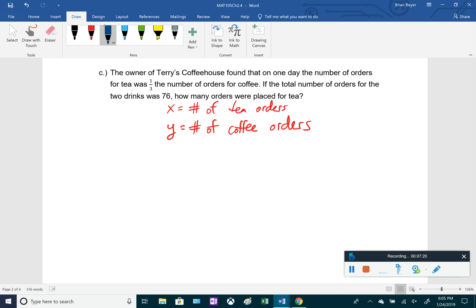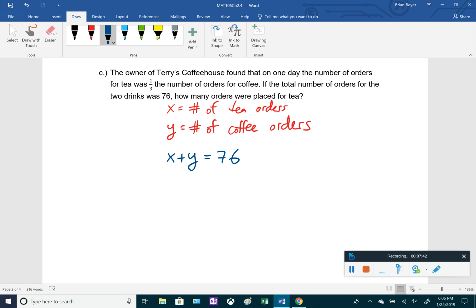So that means we know that x plus y equals 76 because it says the total number of orders was 76. So we also know that the number of orders for tea was 1/3 the orders of coffee.